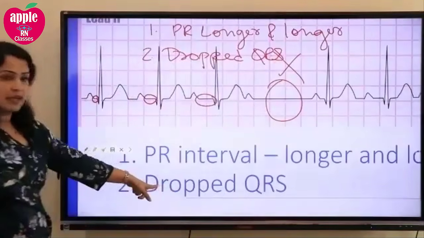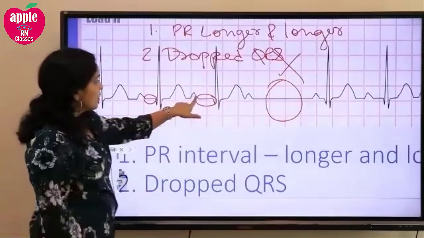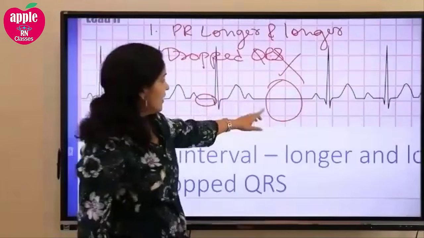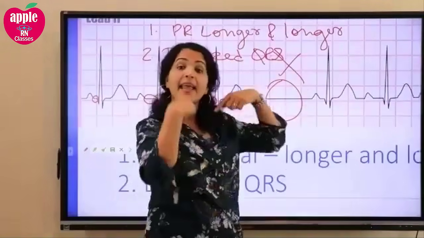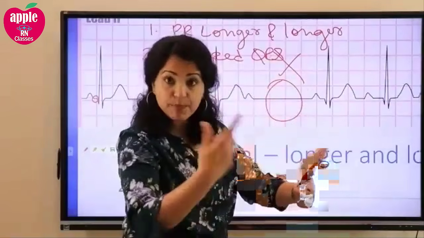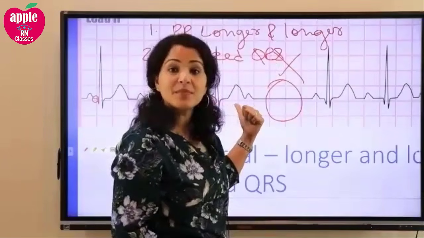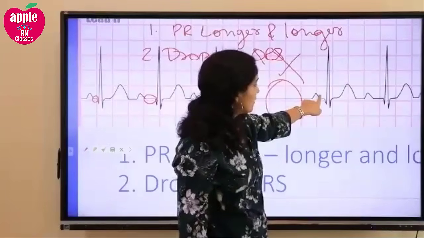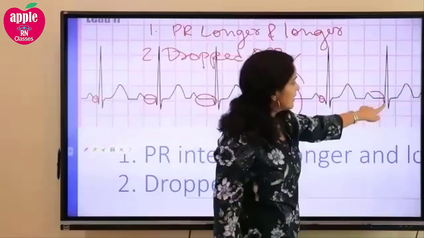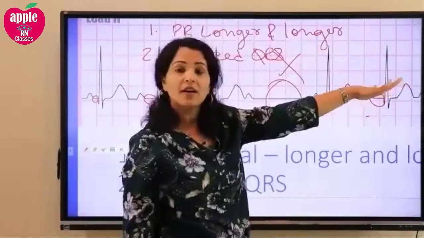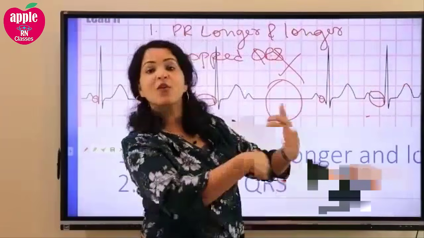Dropped QRS. Okay, I think it's written here too. So PR interval getting longer and then no QRS. And then again in the next beat, it goes back to the same scenario. Like here, if you look, PR interval, then it's getting longer, then it will be even longer, and then it will drop. So that's how it's going to go.